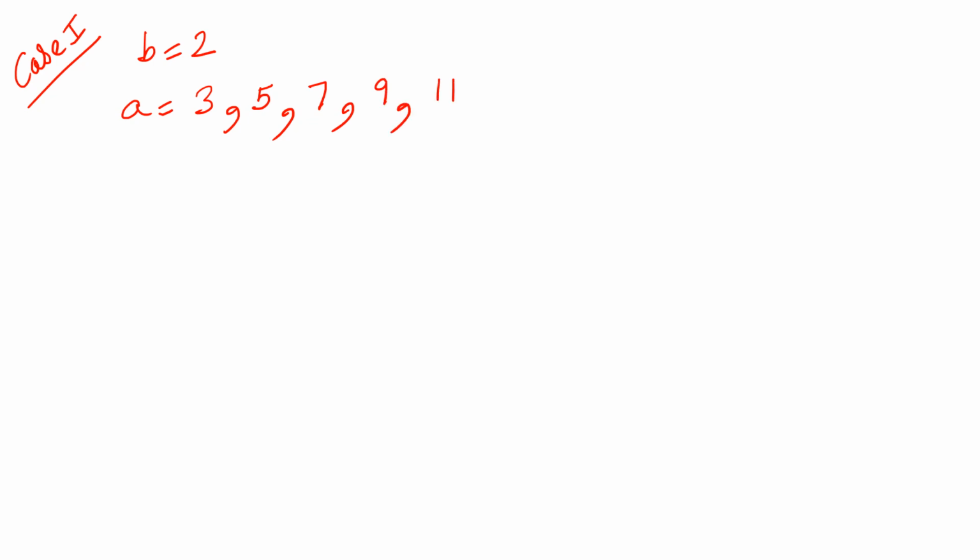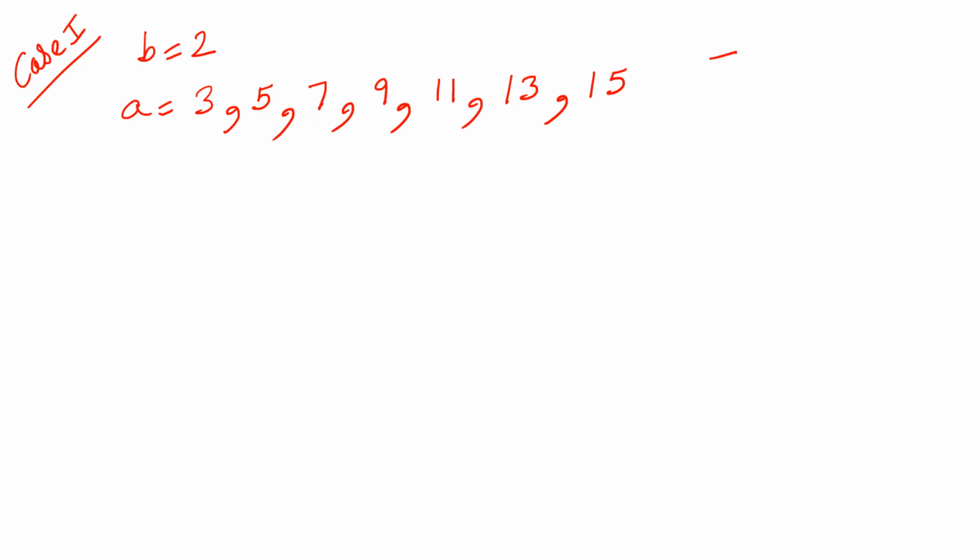Now students, we consider the first case. In the first case, I am taking b equal to 2. Now when b is equal to 2, then the possible values of a are 3, 5, 7, 9, 11, 13 and 15. Now while allotting values to a, you have to keep two things in mind. First is a must be greater than b, and second is a and b must be co-prime.